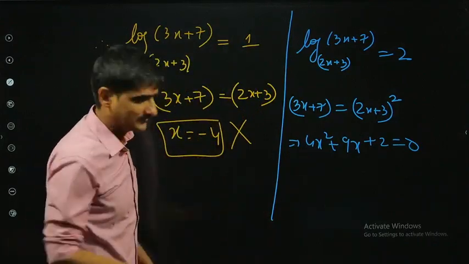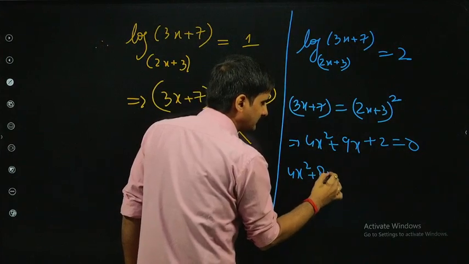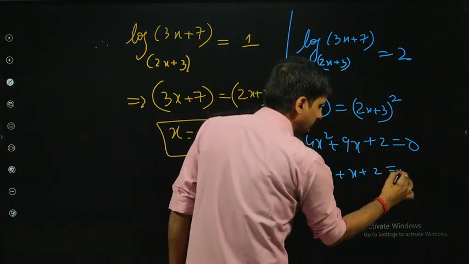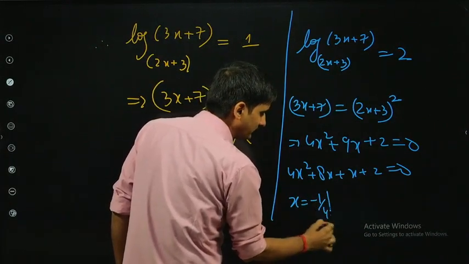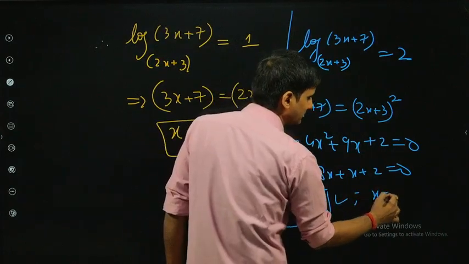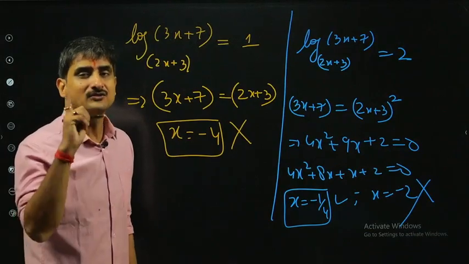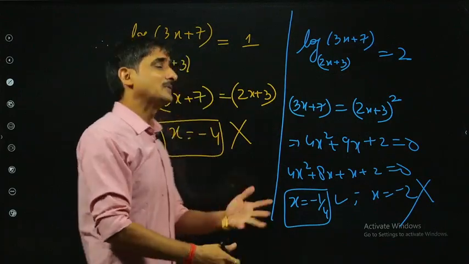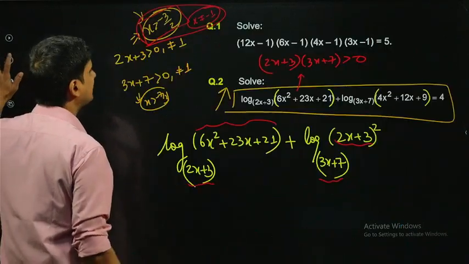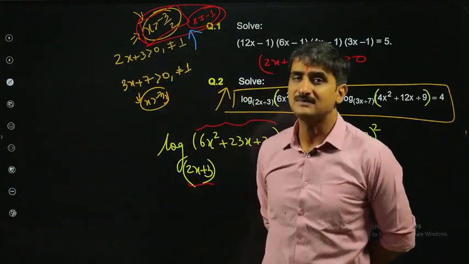So it's factorizable. 4x² + 8x + x + 2 equal to 0. So 4x + 1 and x + 2 are the factors. So either x is equal to -1/4, that's a valid number, or x is equal to -2, an invalid number. So how many roots did we get? We got only one valid root, and that is x equal to -1/4, because the domain condition for the equation was x should be greater than -3/2 and can't be -1.